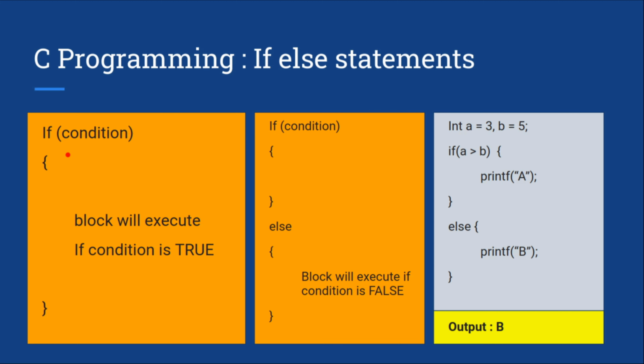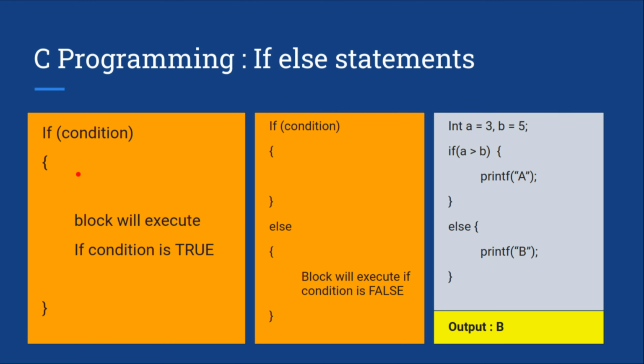So we have an if, and in the if we have a certain condition. This block will only be executed when this condition is true; otherwise it will not be executed. That is one type of example.